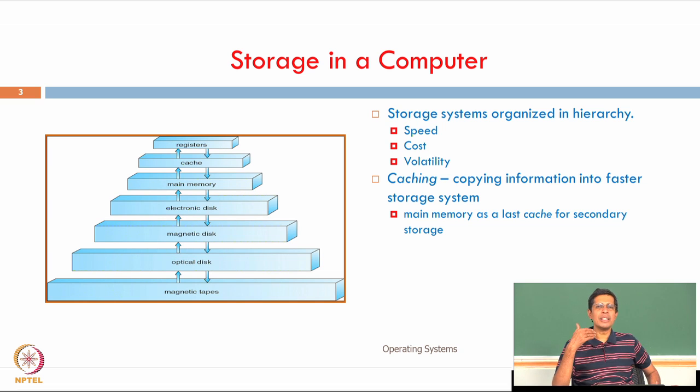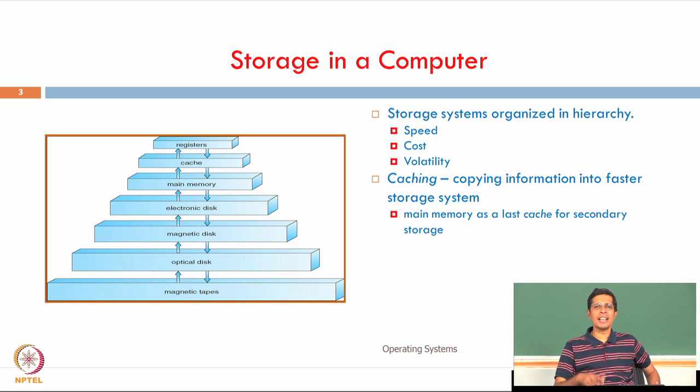So every time I need not go to the electronic disk; I will create some locations in the main memory and keep using them. By this, every time I want to access data, I access it from main memory rather than the electronic disk, and my speed of access increases.